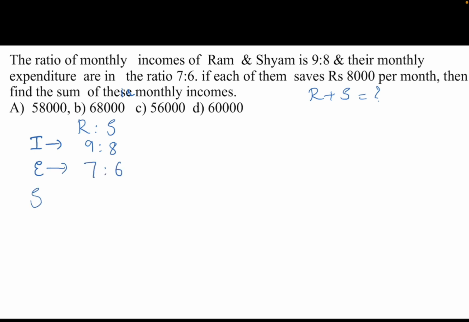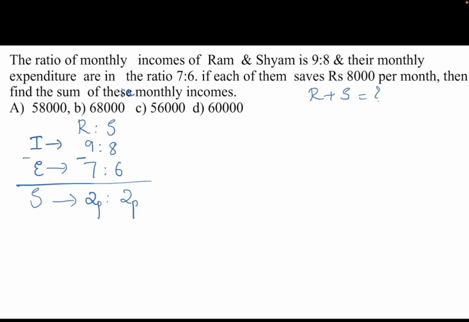We know that income minus expenditure will give us savings, isn't it? So income minus expenditure is savings. So 9 minus 7 will be 2 and 8 minus 6 is also 2, isn't it? So 2 parts is the difference between the income and expenditure of Ram and of Shyam.